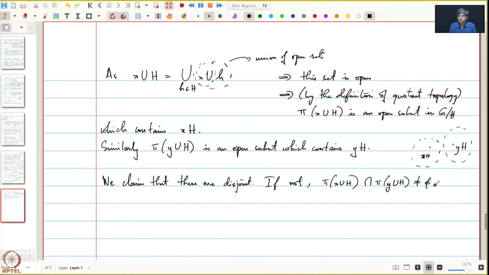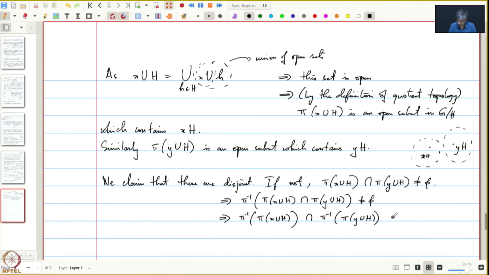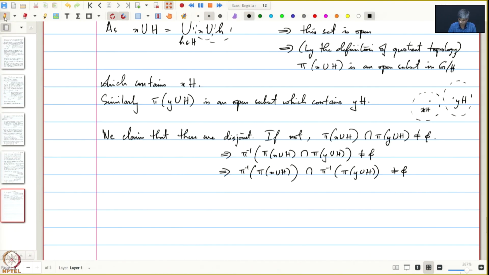Since pi is surjective, when we take pi inverse, this implies that pi inverse of pi of x U H intersected pi inverse of pi of y U H is non-empty.